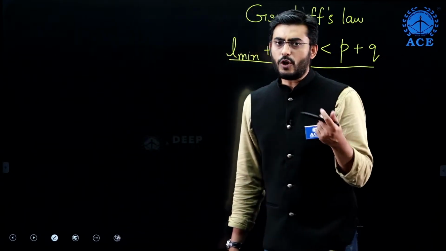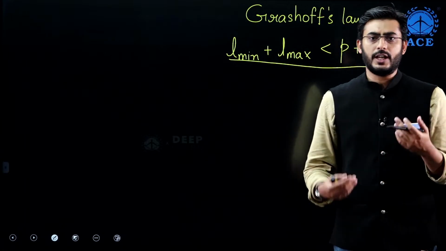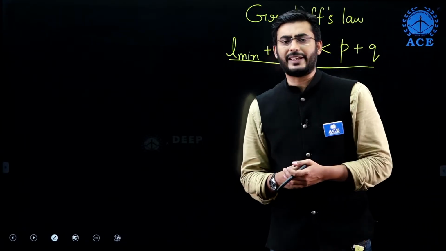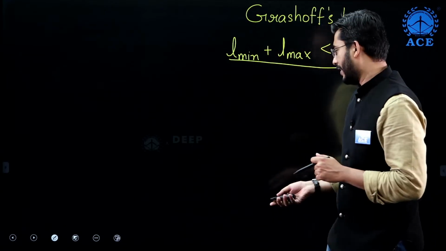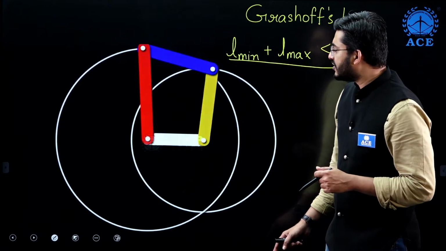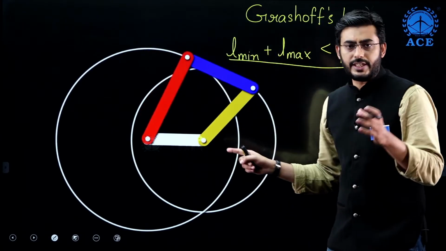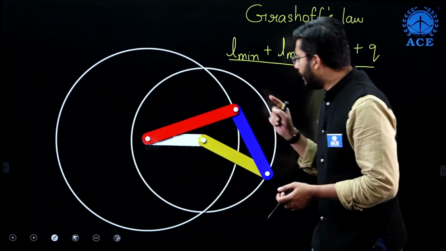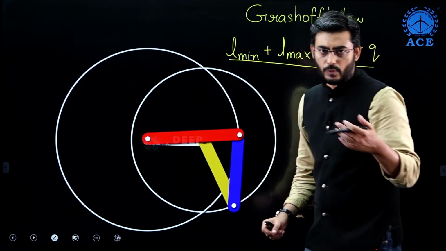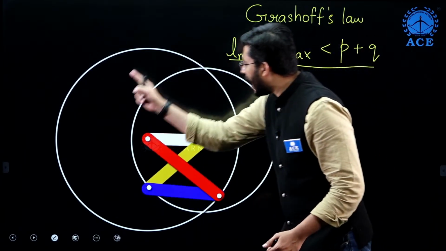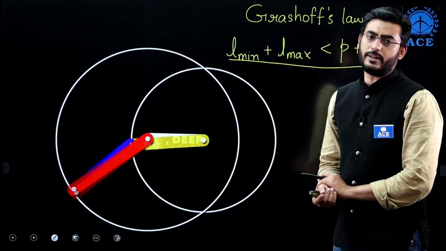So we know very well the inversions of the 4-bar linkage. We have the crank-rocker mechanism, double crank mechanism and rocker-rocker mechanism. Let us see the first inversion, wherein the white color link is L minimum, the smallest among all. We can see the red color link, which is input, and the yellow color link, which is output, both completing circular motion.